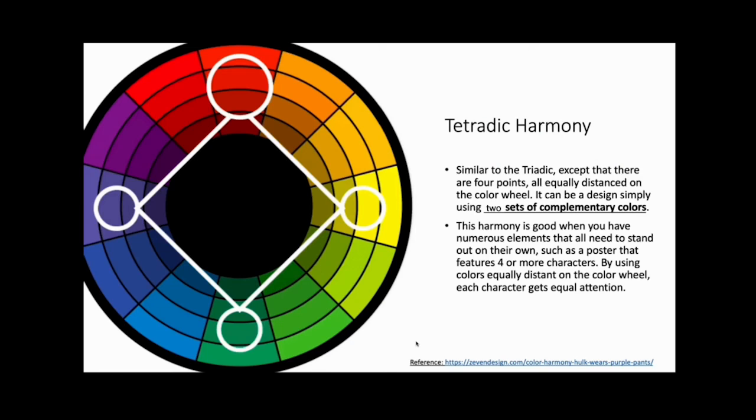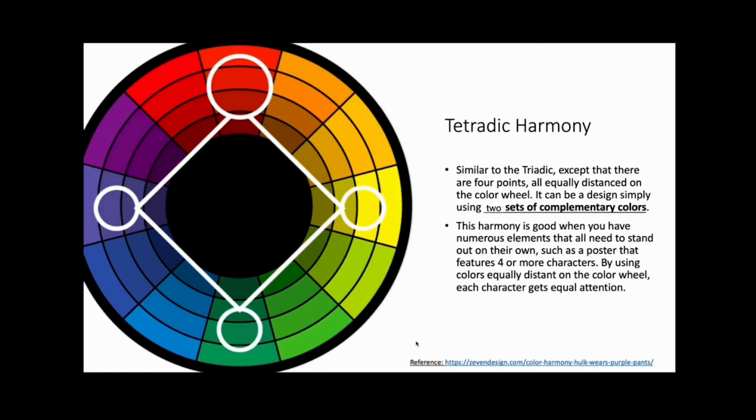All right, the next one we're going to talk about is the tetradic harmony. The main thing to know about this is that there's going to be four spaces on the color wheel. They're mainly going to be in a square or a rectangle, but the main deal about them is it's two pairs of complementary colors.